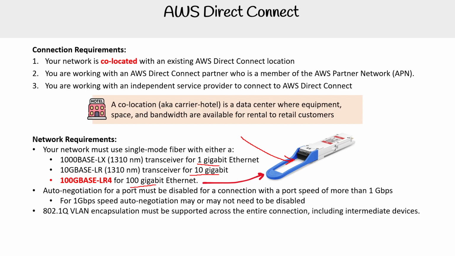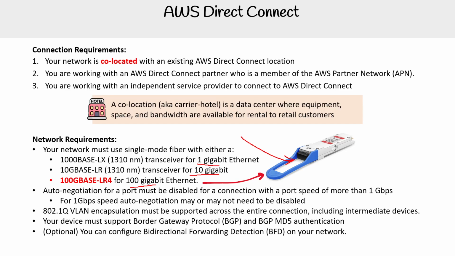You might need to have 802.1Q VLAN encapsulation supported across the entire connection, including intermediate devices. Your device must support BGP and BGP MD5 authentication. You can optionally configure Bidirectional Forwarding Detection, BFD, on your network. I'm just including these little things in here for the IT networking folk.